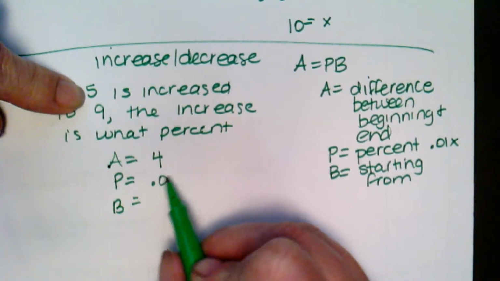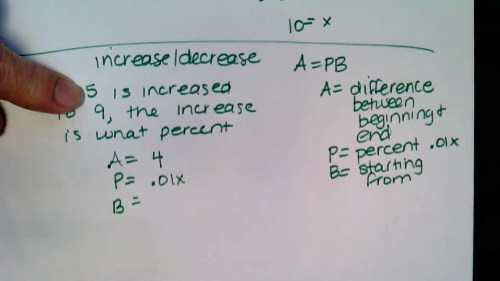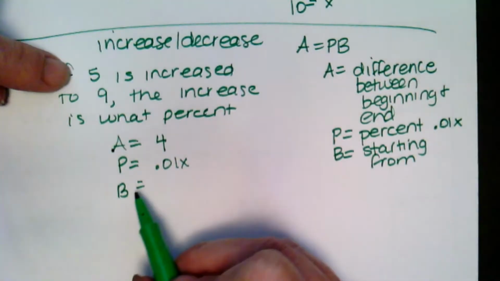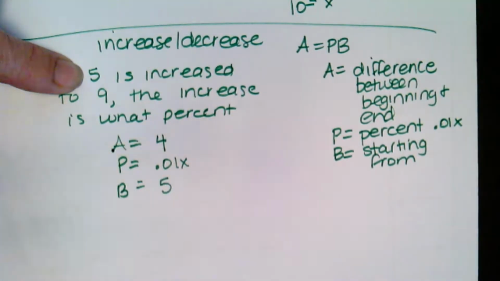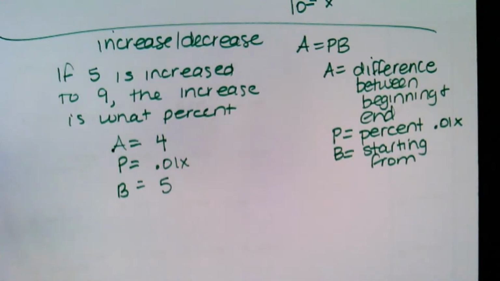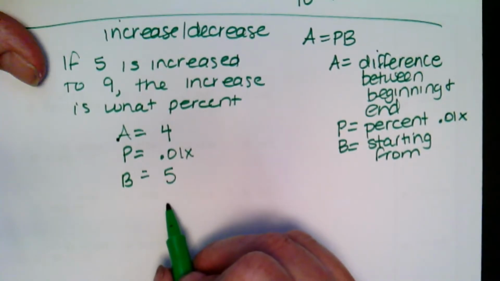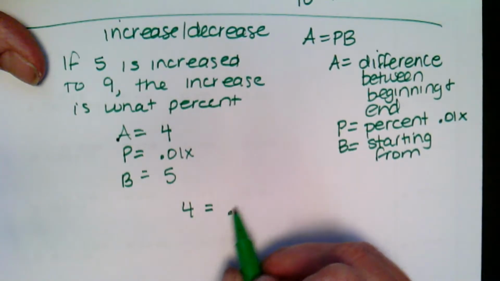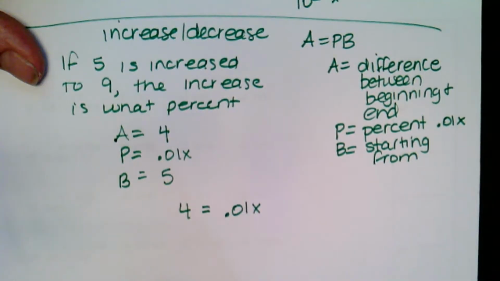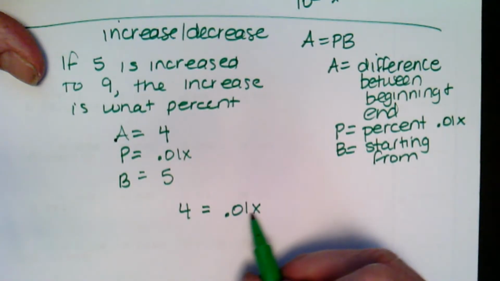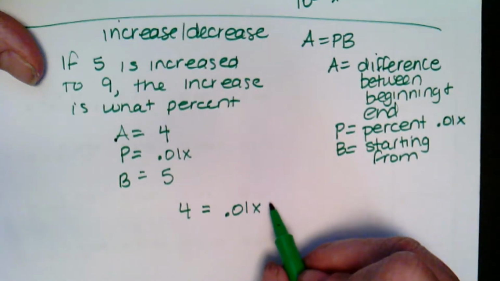Our percent we don't know. And our B is where we start from. And we'll plug that into our formula. Our A is 4. Our P is 0.01. And if you don't do this, just remember to change it also at the end. Just move it over twice, and I can show you that too on the next one.